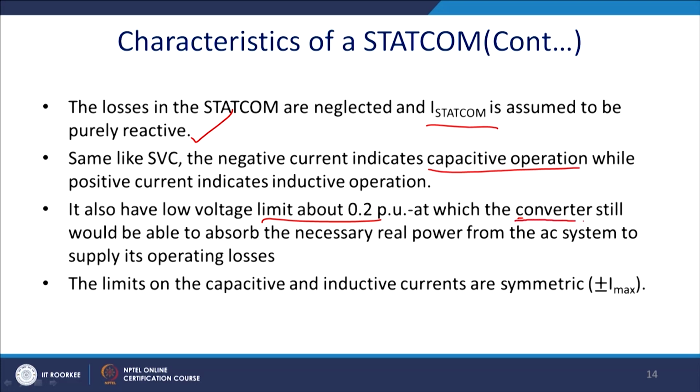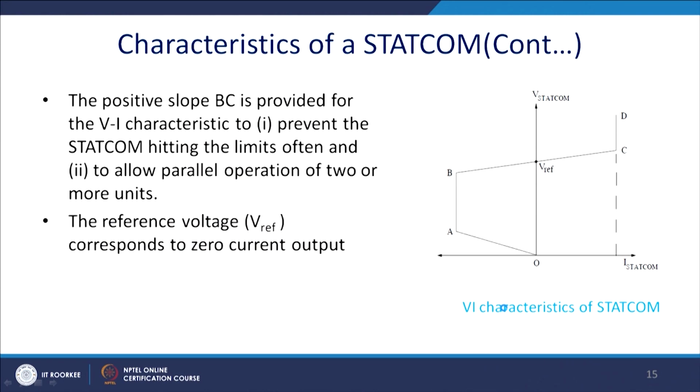It also has a low voltage limit of 0.2, which is quite an important feature of the Statcom, at which the converter is still able to absorb the necessary real power from the system and supply the losses, and thus can compensate the reactive power. The capacitive and inductive limits are symmetric, plus minus I max, which is provided by the limit of the switches, mind it. So, this is the characteristics of the Statcom, as we have discussed in the case of the SVC.